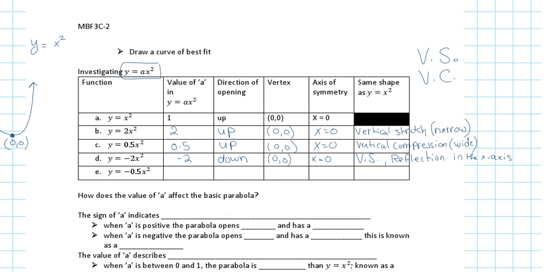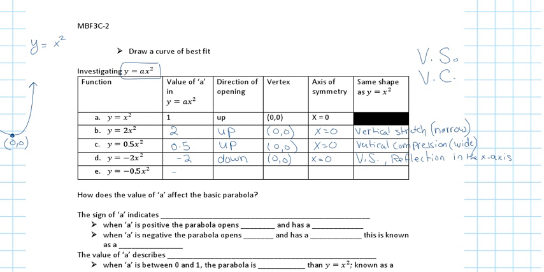For E, what's the A value? Direction of opening? Vertex? Axis of symmetry?